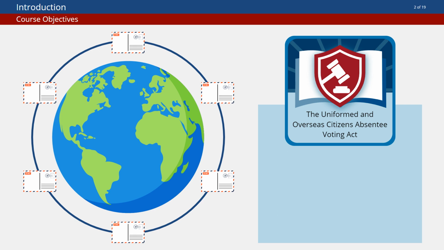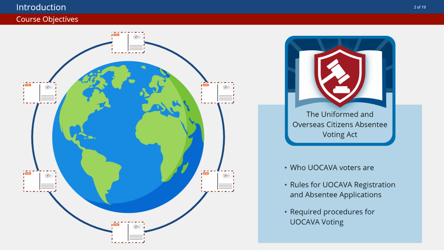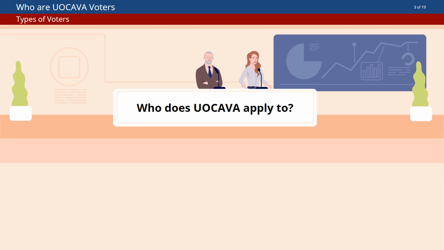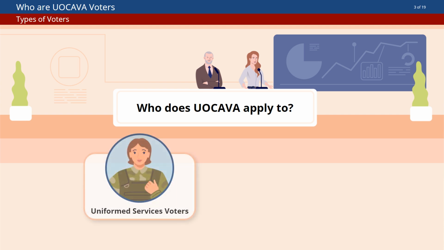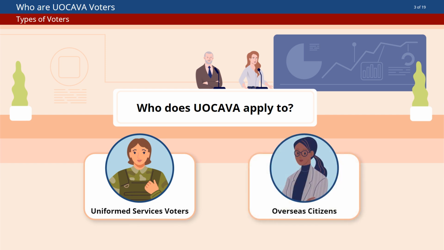In this training, you will learn about who UOCAVA voters are, rules for UOCAVA registration and absentee applications, and required procedures for UOCAVA voting. UOCAVA applies to absent uniformed services voters and citizens living overseas. Select each button to learn more.